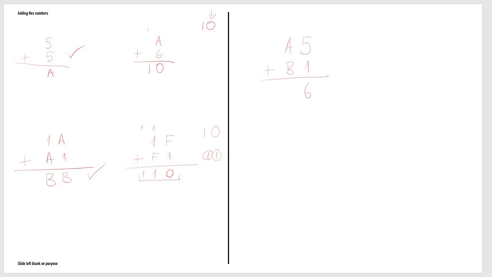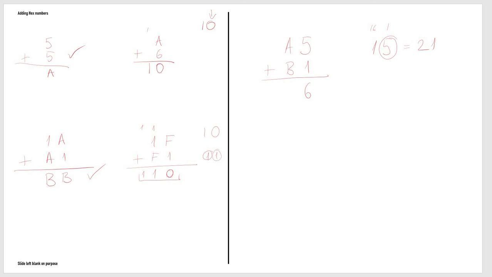A plus B, so that's 10 plus 11, gives us 21. And to represent 21 in hexadecimal numbers, we use 1 5, like so, because 16 plus 5 gives us 21. So 15 or 1 5 is the hexadecimal representation of 21.